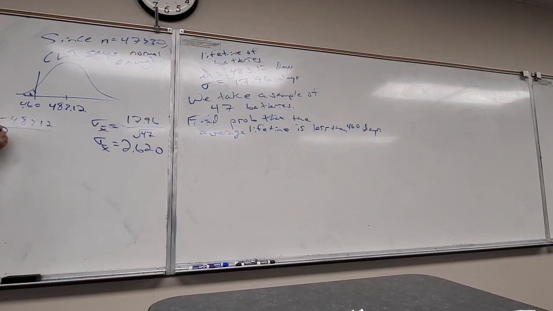Divided by, so you should get something kind of crazy. Negative 8.82.